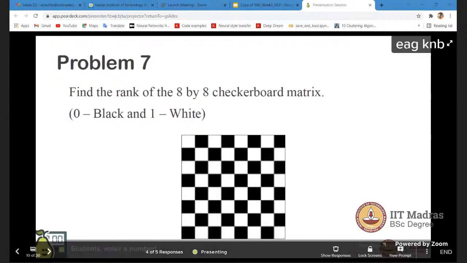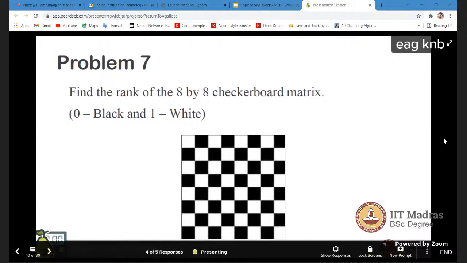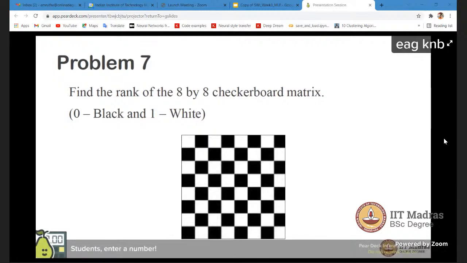It will be useful for solving singular value decomposition, even in principal component analysis or any machine learning models, when you want to reduce the features. In many places, we can apply this concept of rank for a matrix.